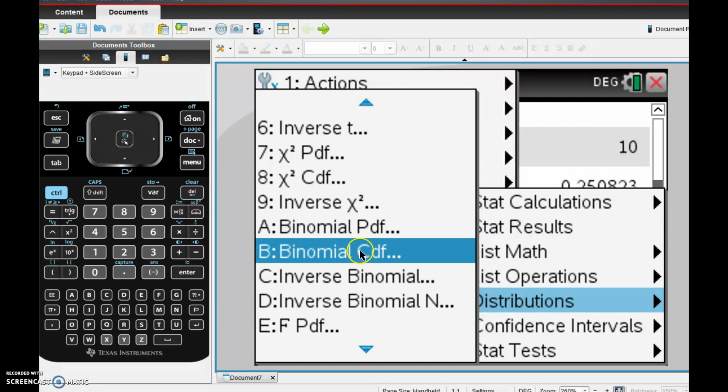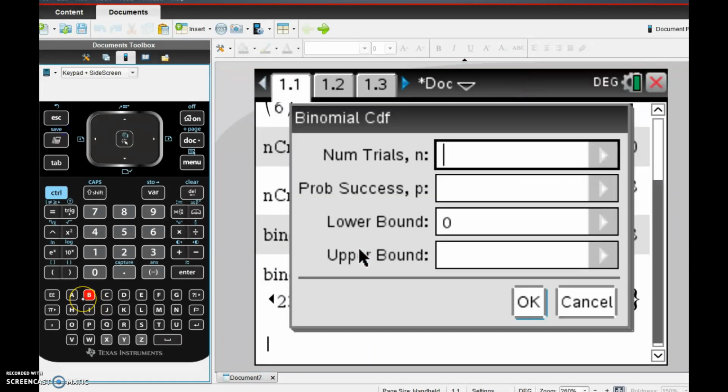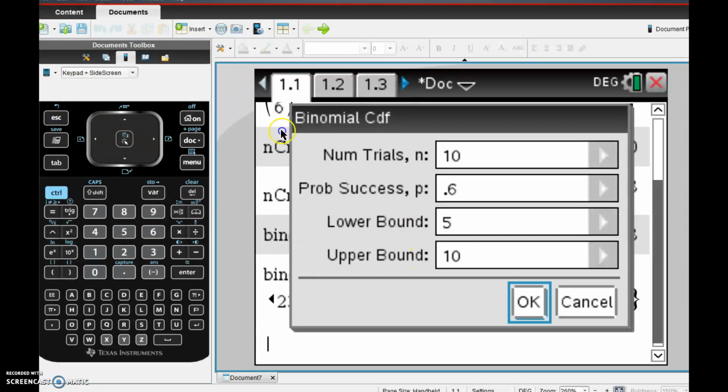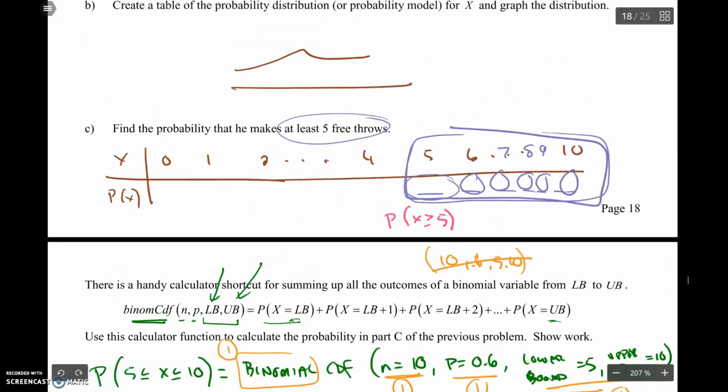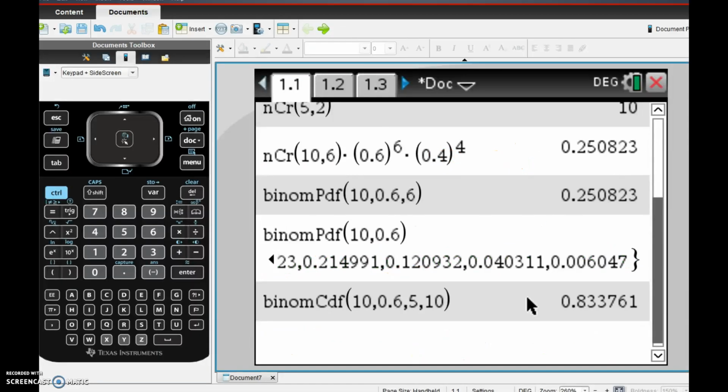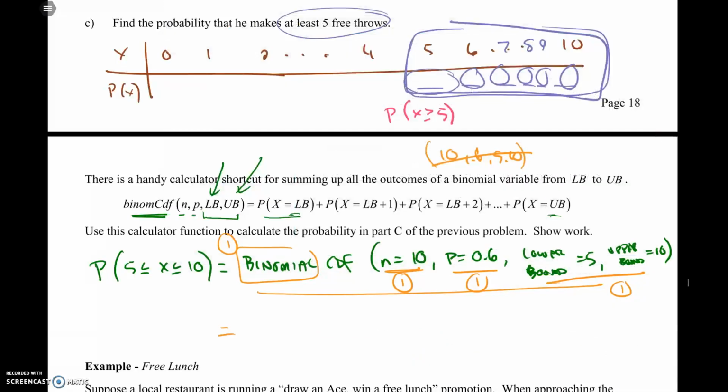So binomial CDF, option B. Number of trials 10. Probability of success 0.6. Lower bound 5. Upper bound 10. Or was it 5 to 10 or 6 to 10? I can't even remember. 5 to 10, so that's right. So that's 0.834.